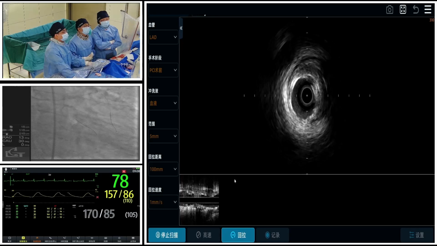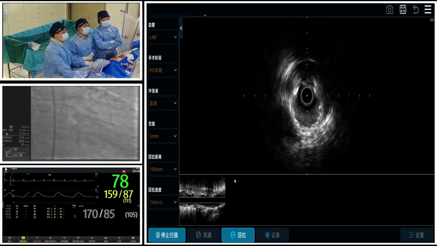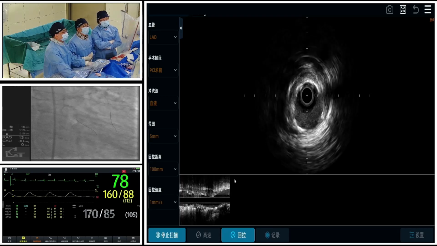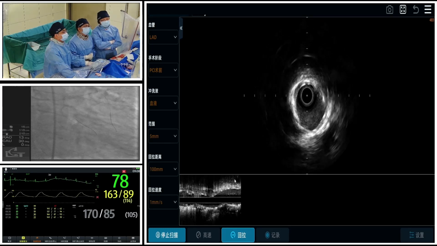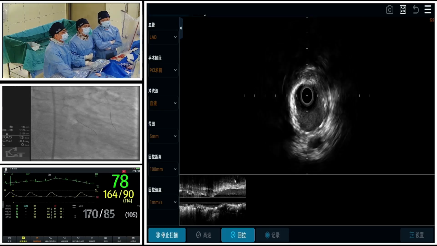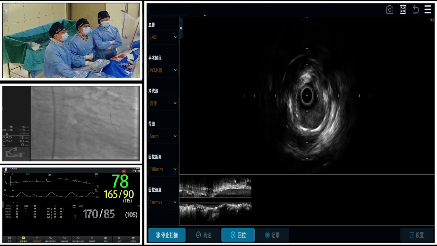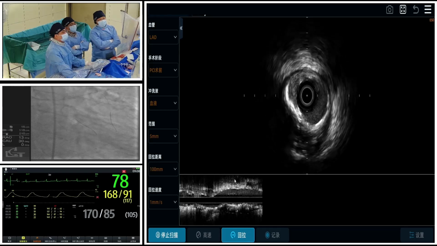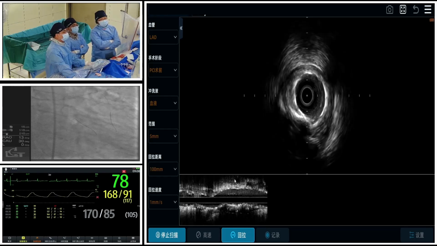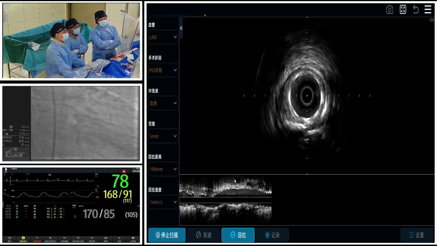However, we haven't performed NC balloon post dilation yet, so the stent needs some more expansion. I think the calcification is not a problem anymore. We can see that the eccentricity of the stent is relatively good.